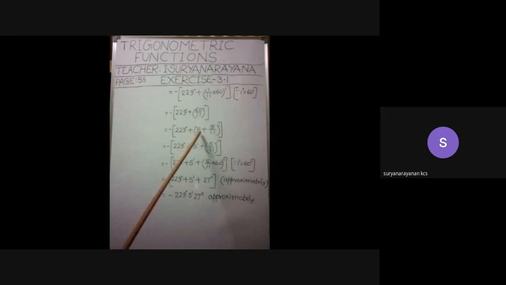Then we get 5 plus 5 by 11 minutes. We converted this improper fraction into a mixed fraction. That is equal to minus of 229 degrees plus 5 minutes plus 5 by 11 minutes. Understood this step, my children?